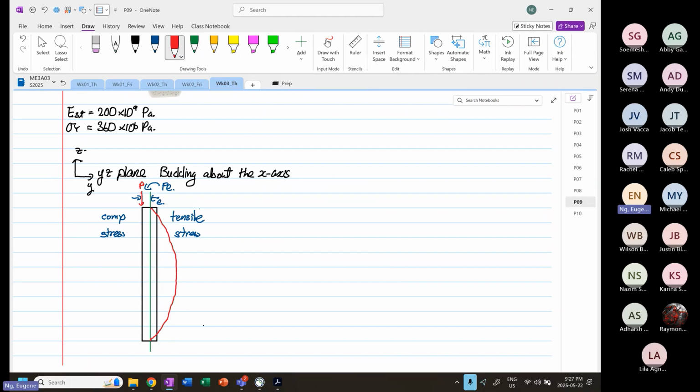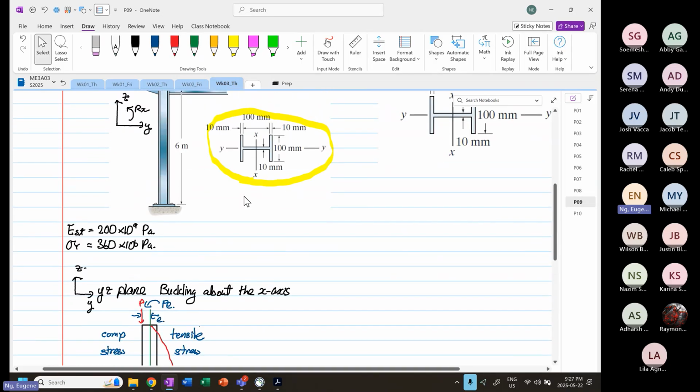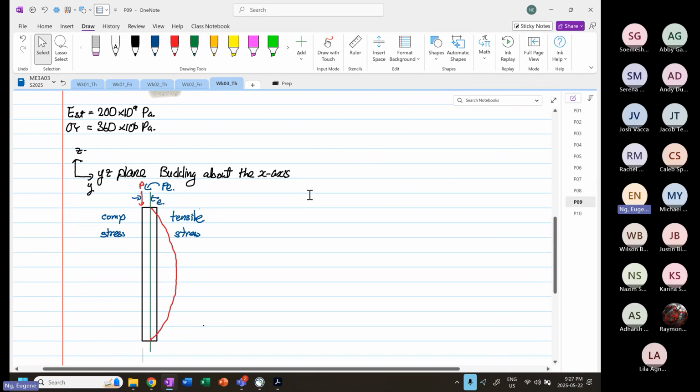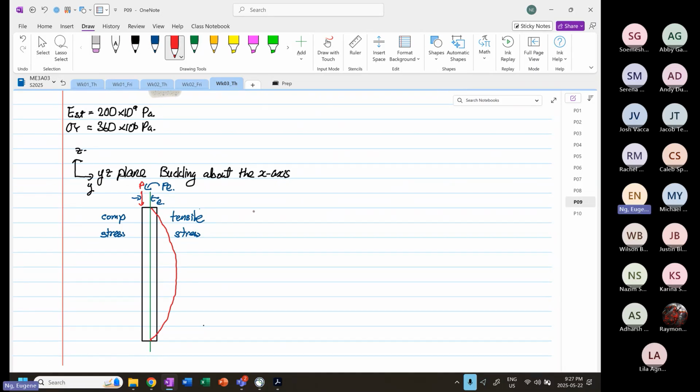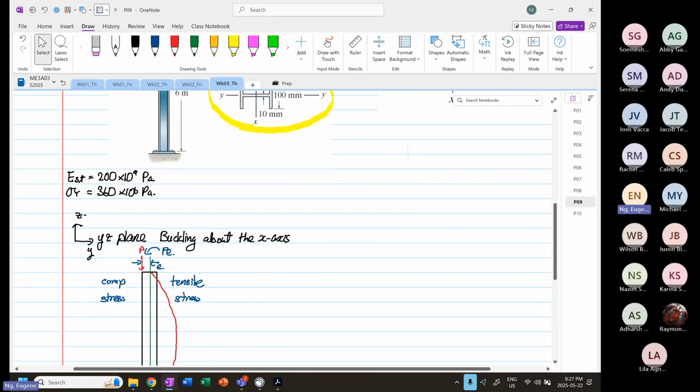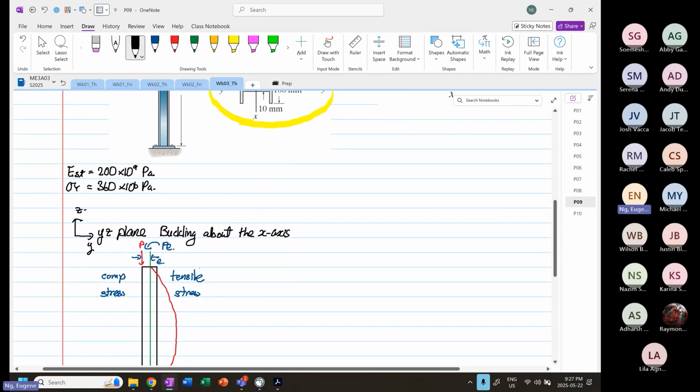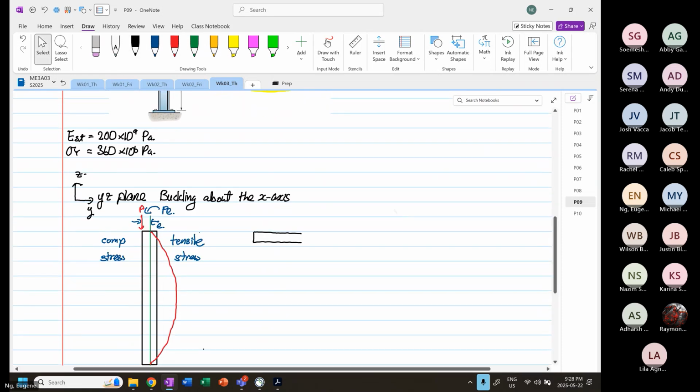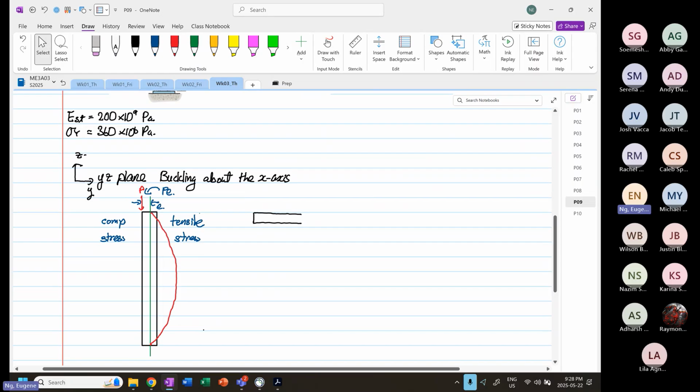So now, currently, we have a different problem. We have a structure now, right? We have a structure that looks like this. Right? And then we have a beam.